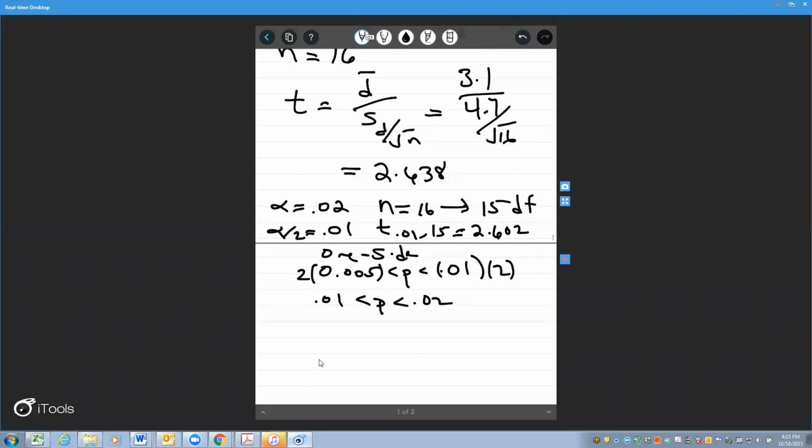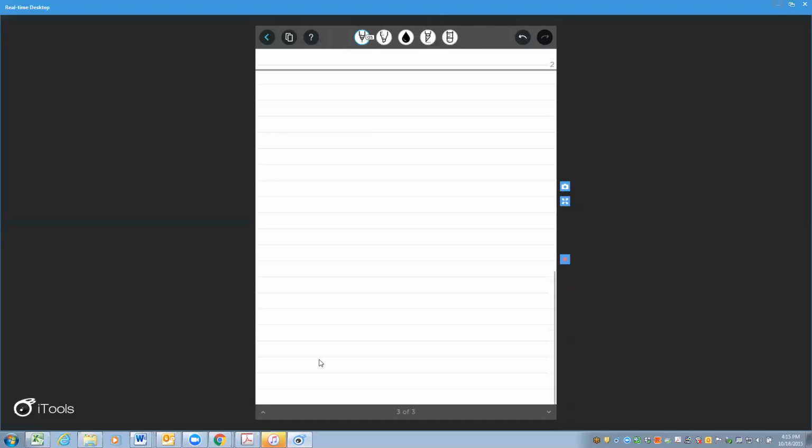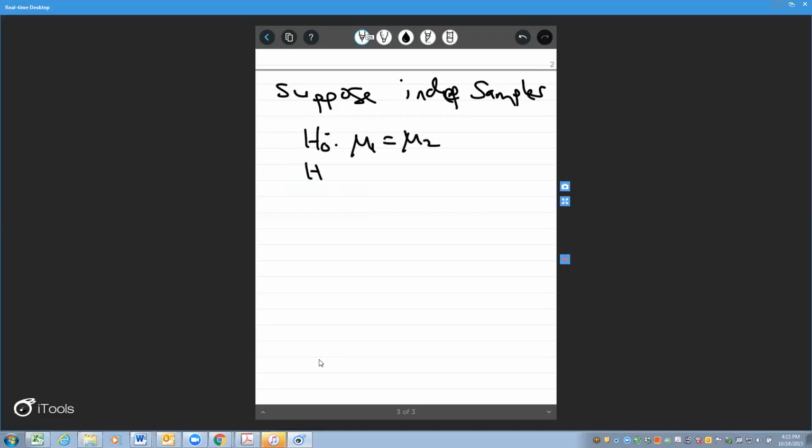What if I give you an example now where, suppose they are independent samples, and I have the null hypothesis that mu1 equals mu2 versus the alternative that mu1 is less than mu2.